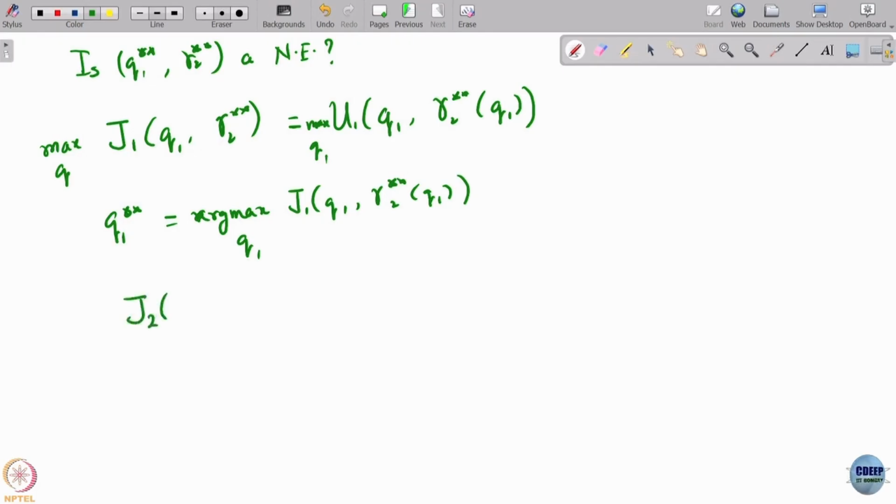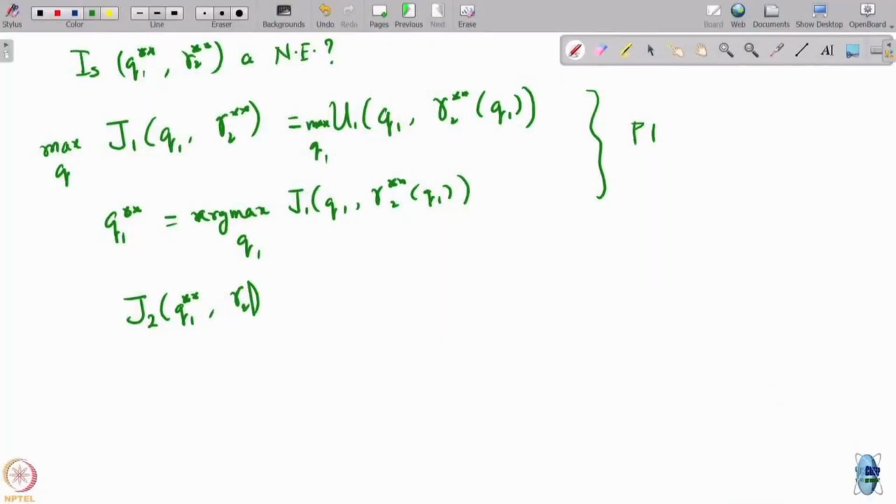Now let us look at player 2. So this was for player 1. Now look at player 2. For player 2 we have to fix player 1's quantity at Q1 star star, and we are asking what is the function that player 2 responds with. Okay. So suppose player 2 plays a function gamma 2. You are maximizing this now as a function of gamma 2.